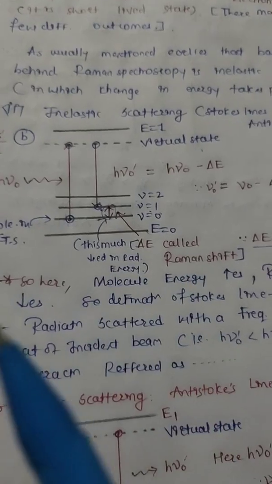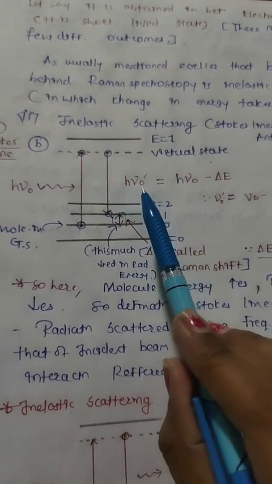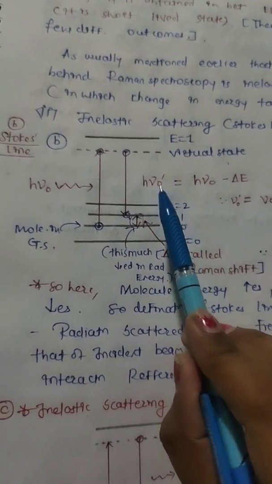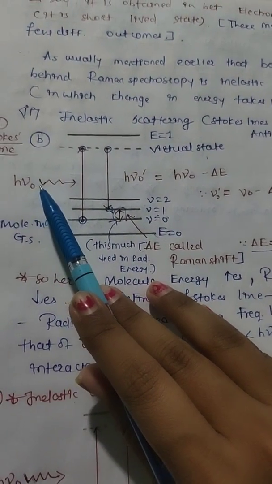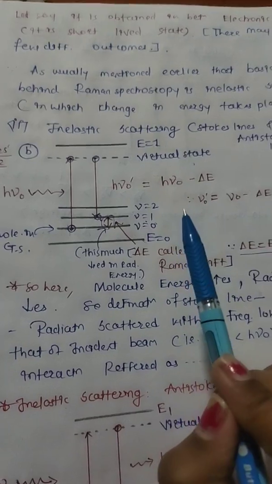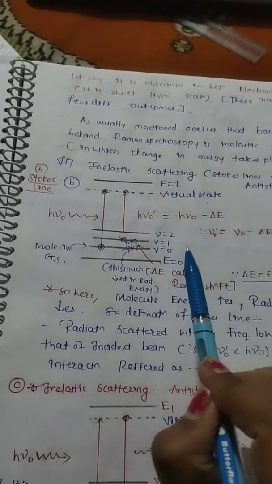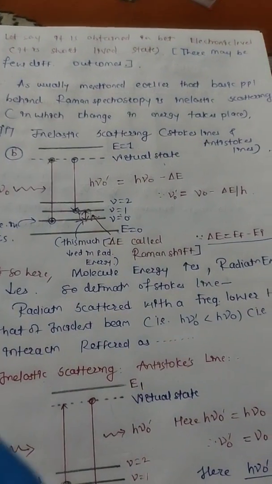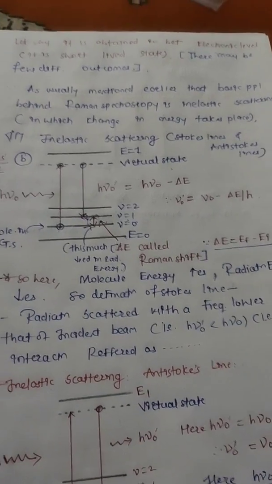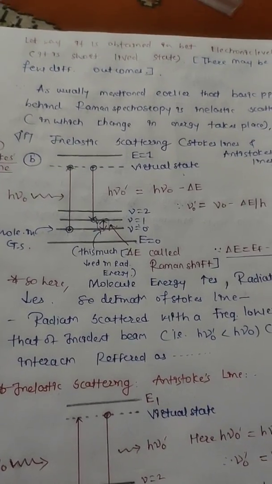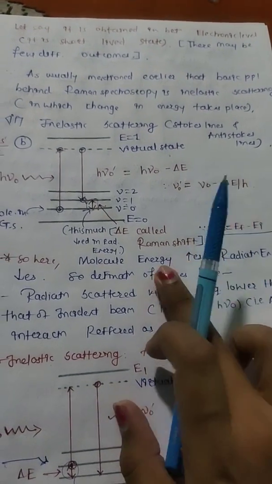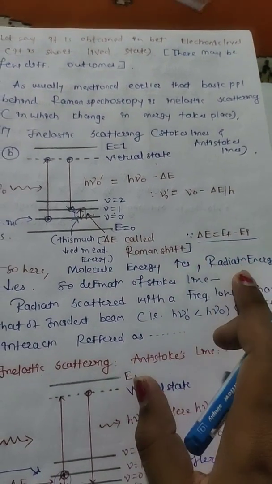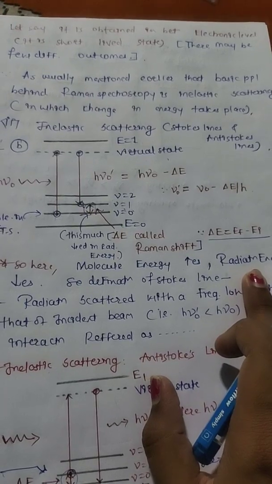So here we say that the scattered energy is less than your incident energy, because some energy is lost in molecular interaction. Here the molecular energy increases and the radiation energy decreases.